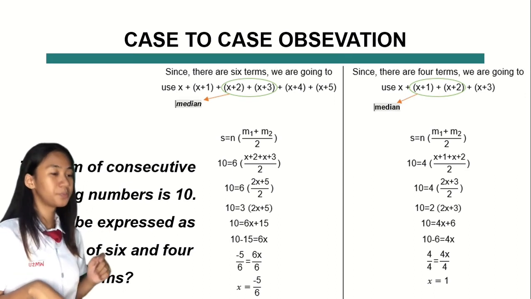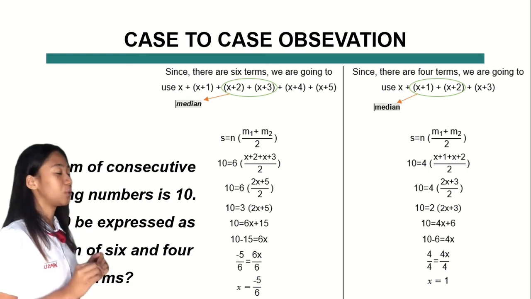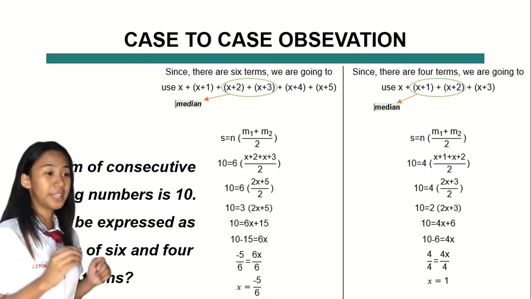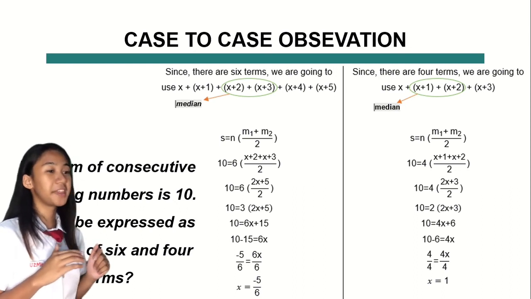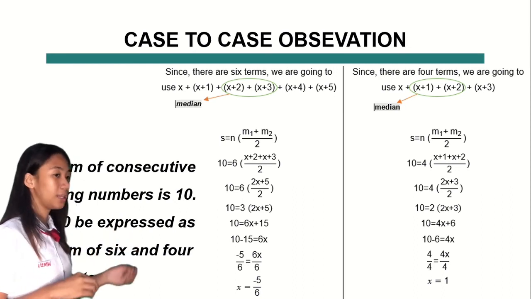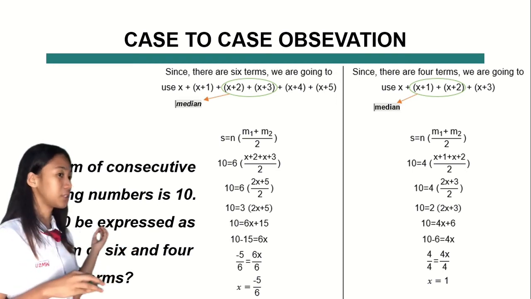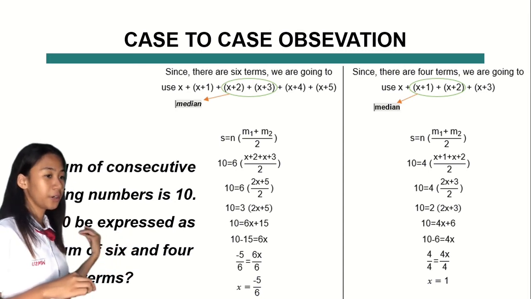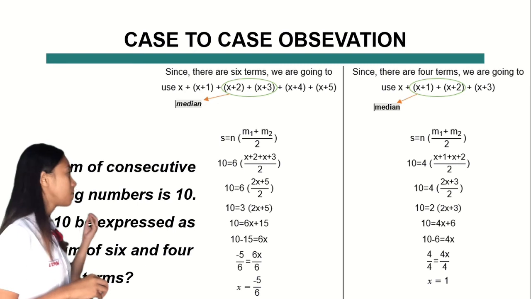We now have 10 is equal to 2 multiplied by the quantity of 2x plus 3. Then we distribute 2, and we have 4x plus 6. Then we find the additive inverse of 6. 10 minus 6 is equal to 4, so 4 is equal to 4x.